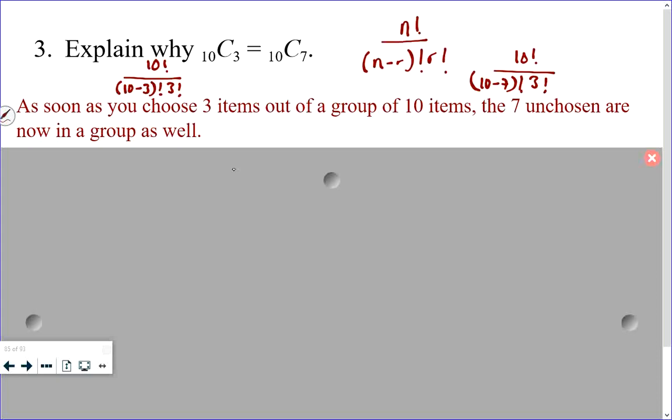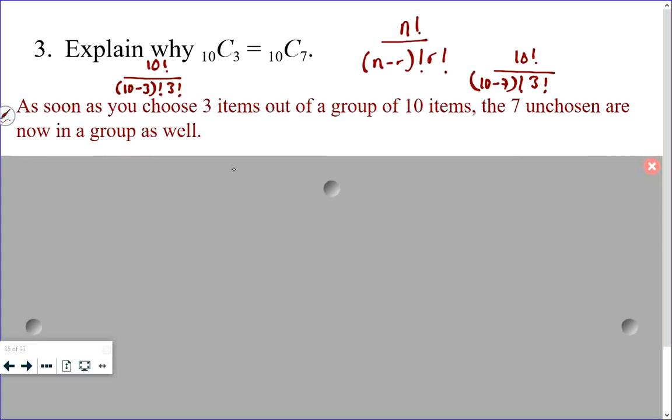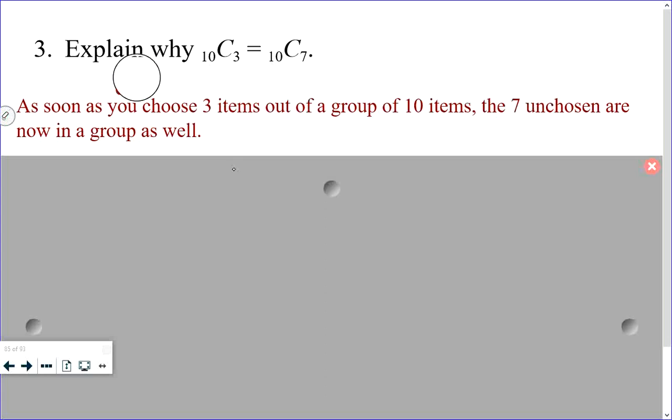And sometimes you might see this on an exam where you might have the following question. I've never seen this specific one, but I think it's a decent one. What is the value of K?